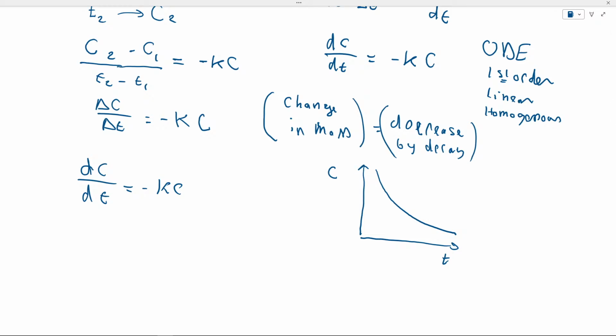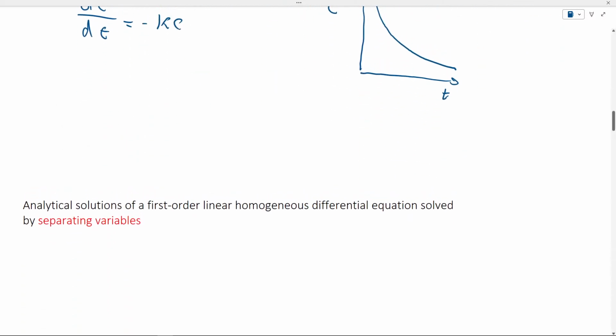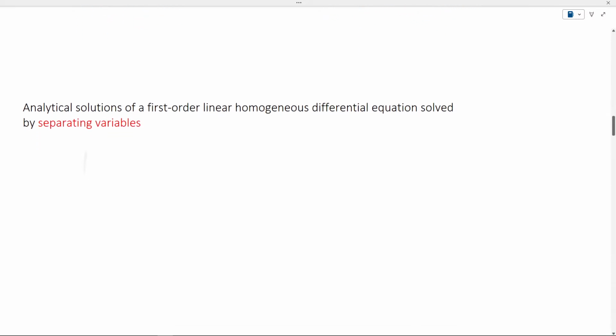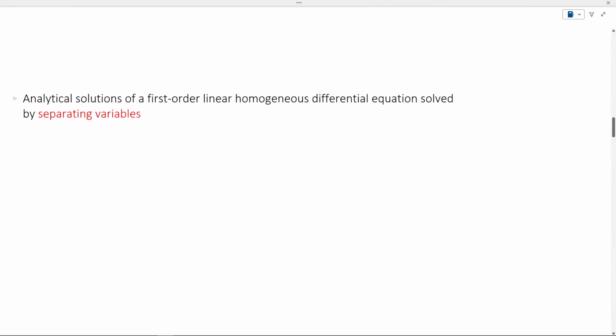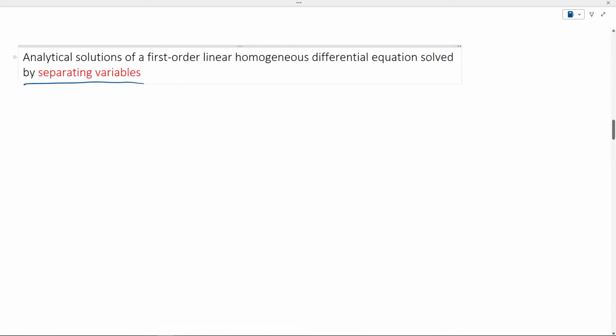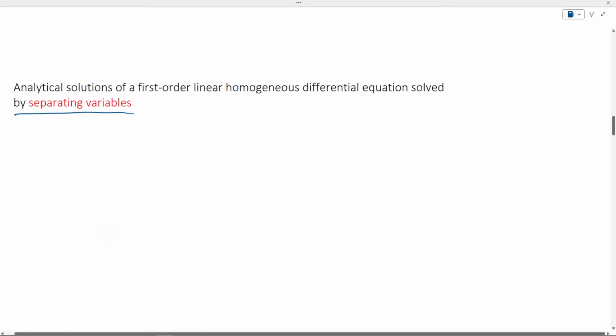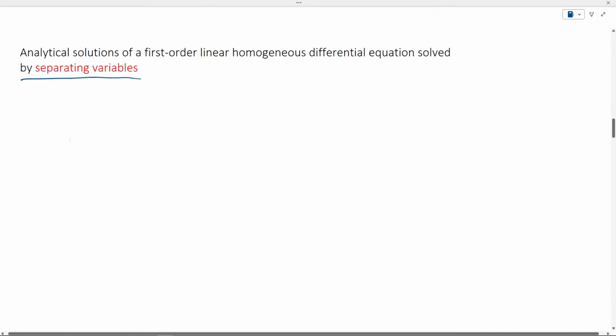And what I will show you is how to solve this first order linear homogeneous differential equation by a technique called separation of variables, in order to get a direct relationship between concentration and time, not in terms of derivative.